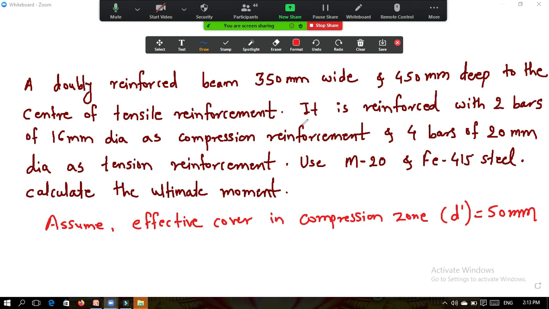Now they have given you, it is reinforced with 2 bars of 16 mm diameter as a compression reinforcement. So ASC is equal to how many bars are there? 2 bars. What is the diameter of single bar? The diameter of single bar is 16 mm. So 2 into pi by 4 into 16 square. What is the answer?